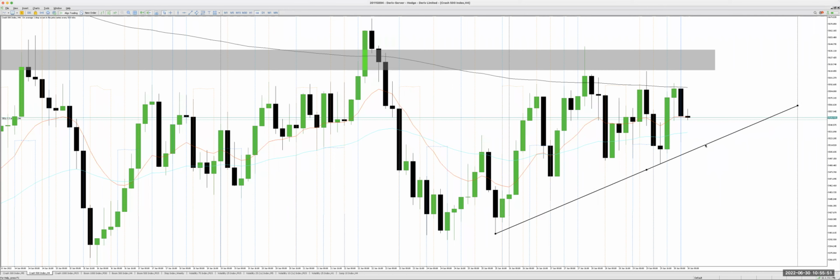So H4, nothing much happening here. It's more or less a range, although price is sort of in an uptrend because you see price creating these higher highs and higher lows, right? But here they failed to break this high. Same again here. So there's a possibility they want to come to this area.